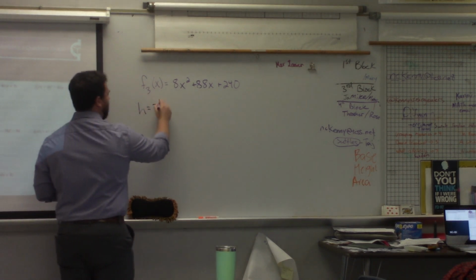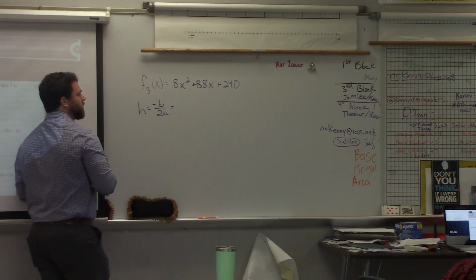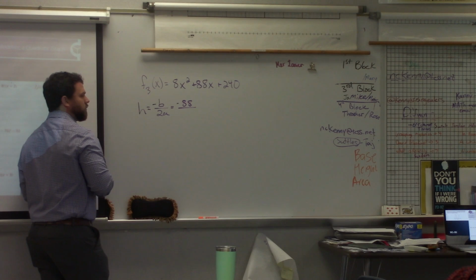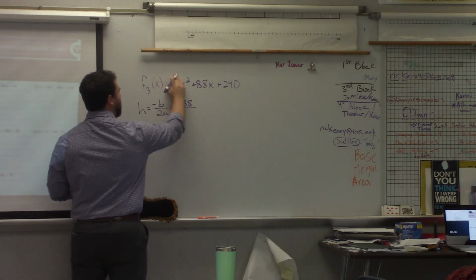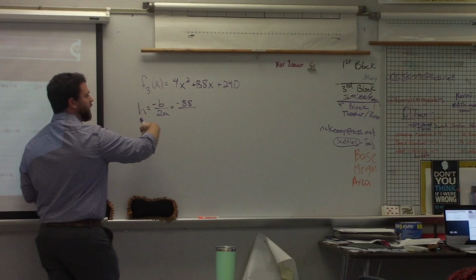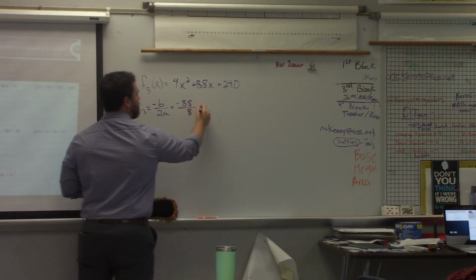Negative b divided by 2a. So what is the opposite of b in this case? Negative 88. Divided by? 2 times 8. I'm actually going to make our lives a little easier. I'm going to make this a 4. Still concave up. So what's 2 times a in this case? 2 times 4, which is 8.